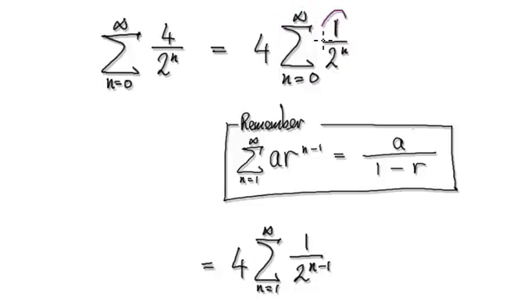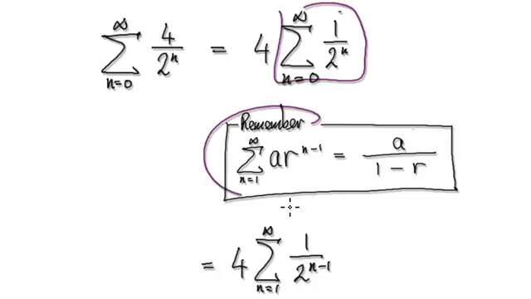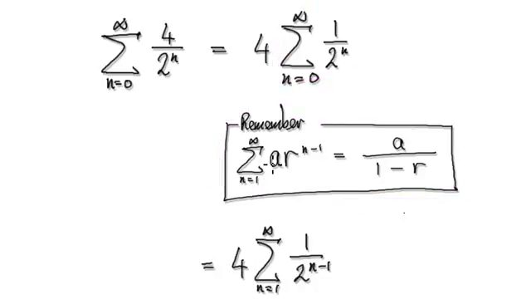Well, we can rewrite this as... hang on, let me think. Sorry, hang on. In order for us to make use of this formula, we require this to be n minus 1 and this to be n equals 1. Here you've got n equals 0.